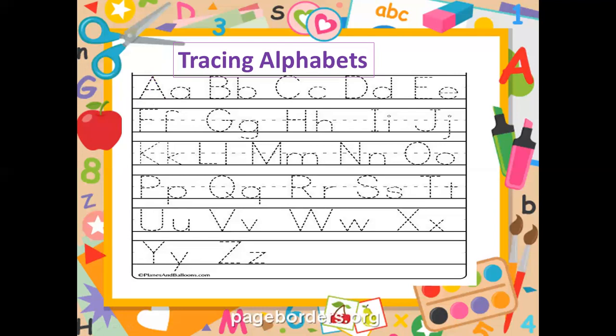One slanting line from top to bottom, another slanting line from top to the bottom, and then in the middle a sleeping line. What is this letter called? It is called the capital letter A. And it sounds a, apple. A, alligator.